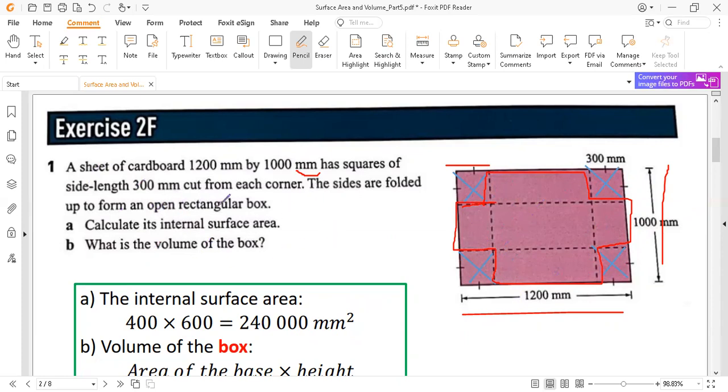So how do we calculate its internal surface area? When folding it, we have this one as a wall and this one as a wall. So normally the internal surface is equal to the surface of this rectangular shape.